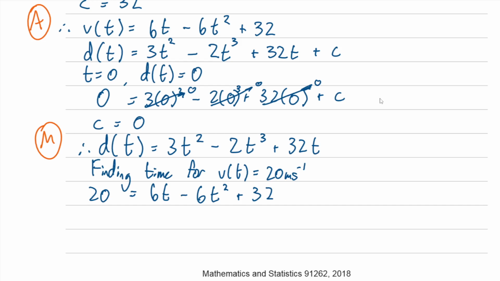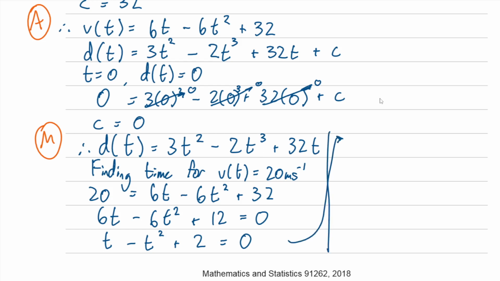Subtracting 20 from both sides, so 6t minus 6t squared plus 12 equals 0. I'll divide everything by 6. So t minus t squared plus 2 equals 0.